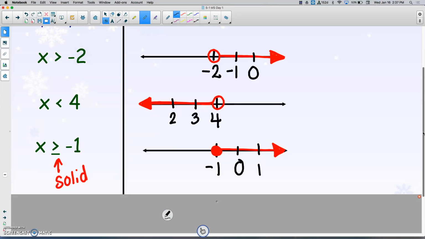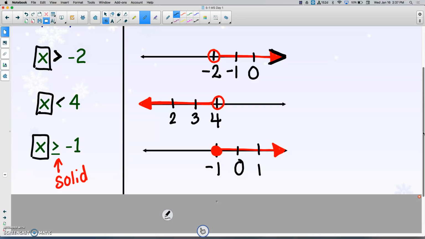Now before I move on, I want to make sure that you understand the shortcut. When the variable is on the left-hand side, like these variables, your inequality symbol points the same direction as your ray. So see where I am emphasizing? This greater than symbol matches this ray.